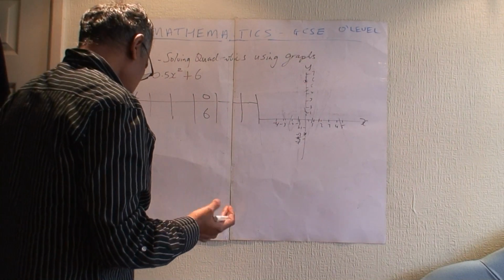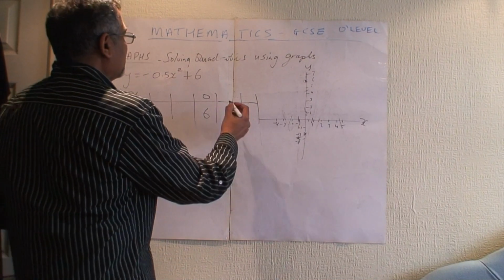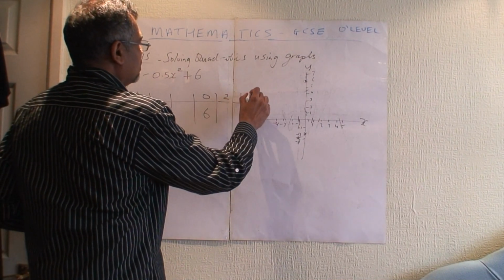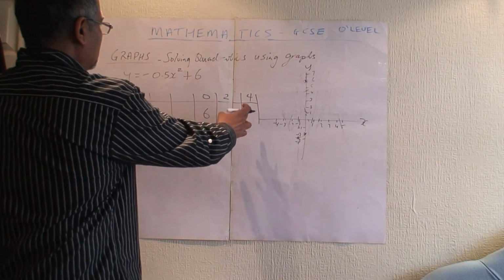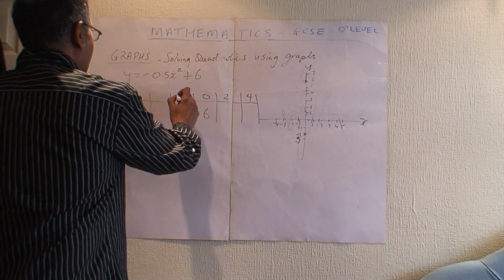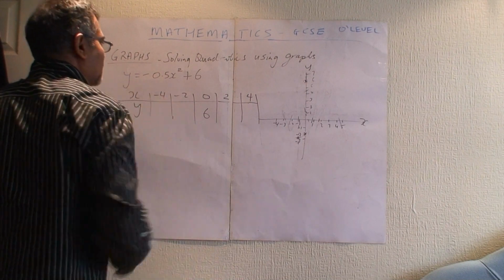So what we want to find out: x could be 2 and 4, and this side will be minus 2, minus 4.